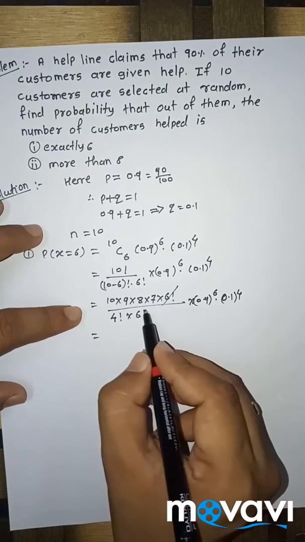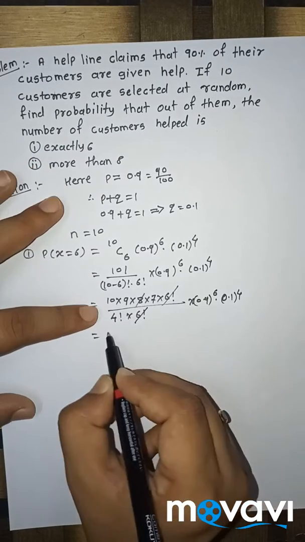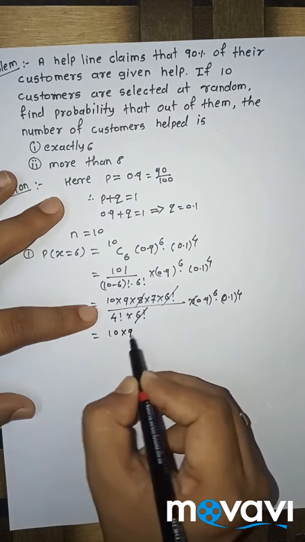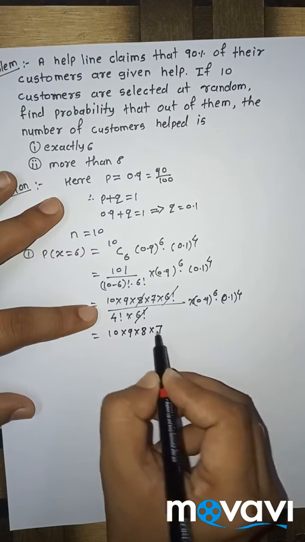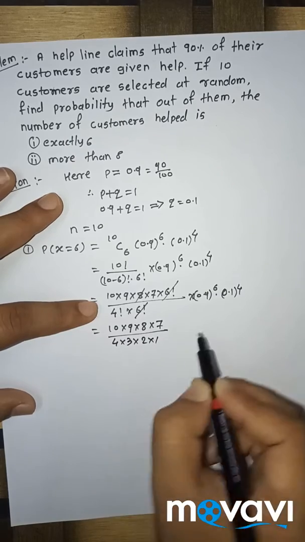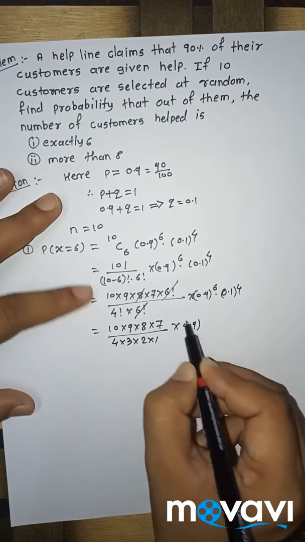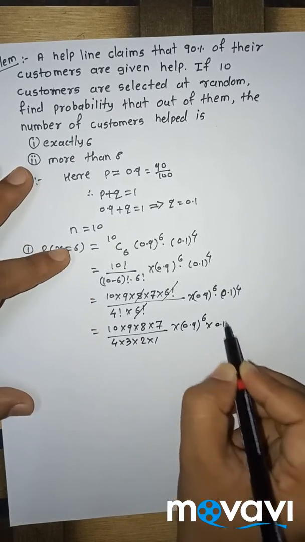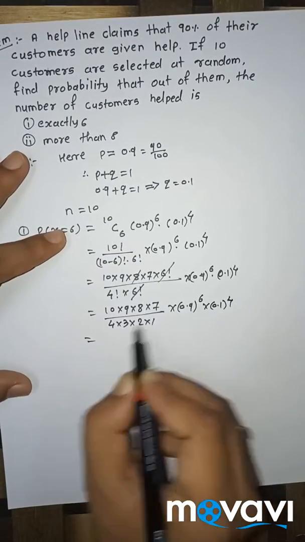We cancel this 6 factorial with this 6 factorial. 10 into 9 into 8 into 7 upon 4 into 3 into 2 into 1 into 0.9 raised to 6 into 0.1 raised to 4.